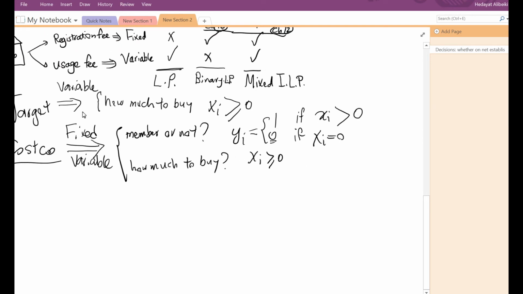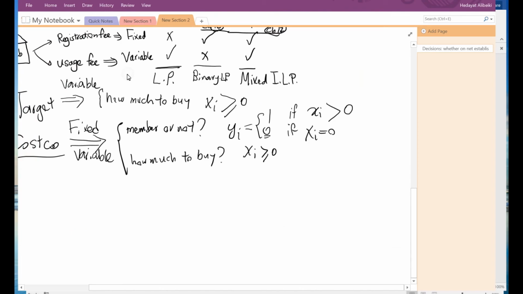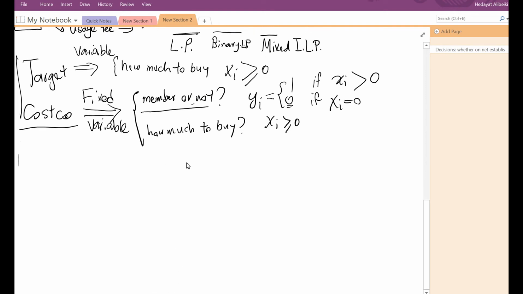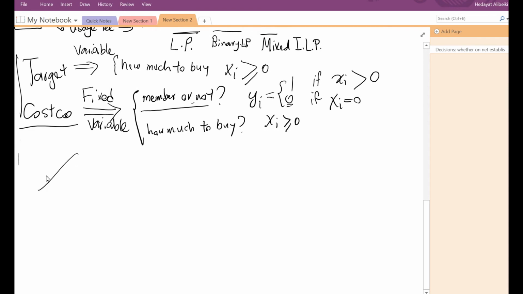So in those cases, when you have a fixed and variable cost, there are two types of decisions to make. First, whether you want to become a member, or in production planning, whether you want to establish a warehouse, and then how much you want to produce.